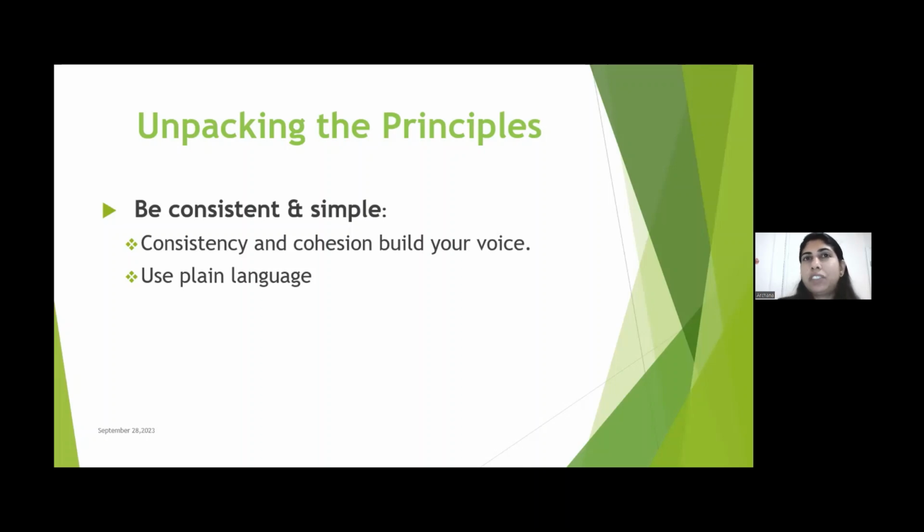Being consistent. Consistency and cohesion build your voice. When we deliver information, try to be consistent and repeat it over and over again. Like if I have to introduce words like thank you, there may be multiple ways of saying thank you in your language. But if we are consistent and repeat the same word again and again, it will go into the kid's brain faster.